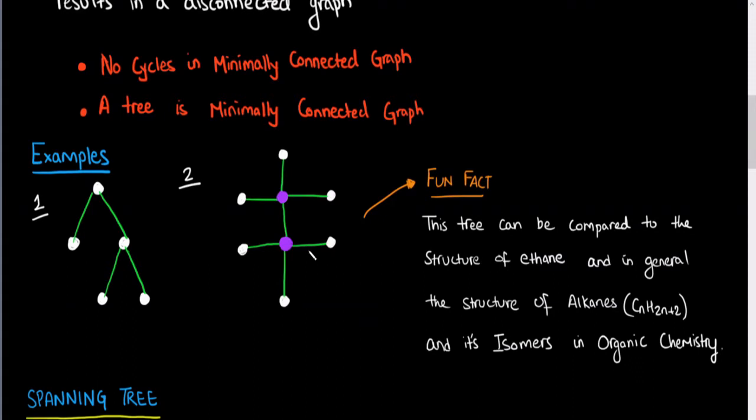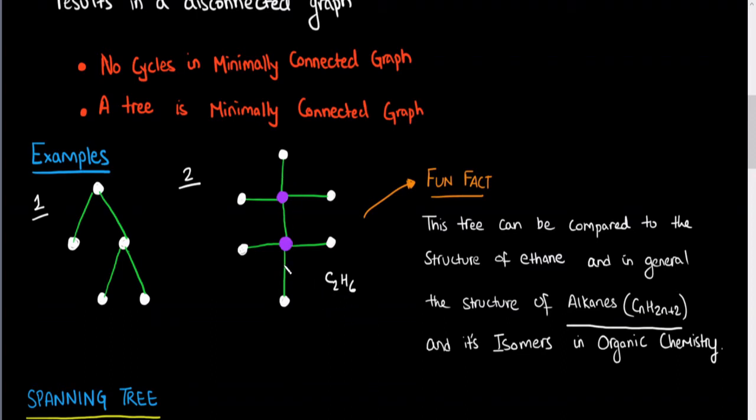This tree structure can be compared to the structure of ethane, that is C2H6. And in general, any structure of alkanes, that are CnH2n+2, can be compared to trees like this, and you keep adding on units to get your alkanes and its isomers in organic chemistry.